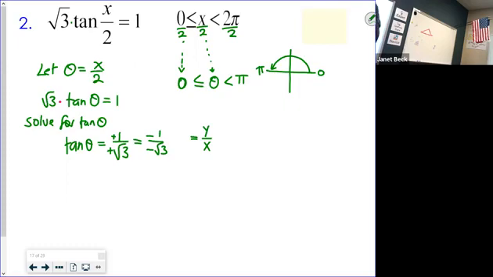Those both give me a positive ratio. That should remind you tangent is positive in quadrant 1 and in quadrant 3.